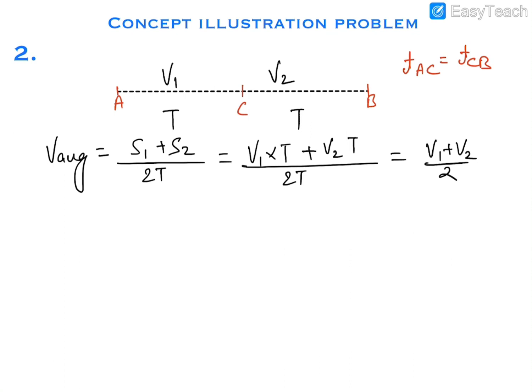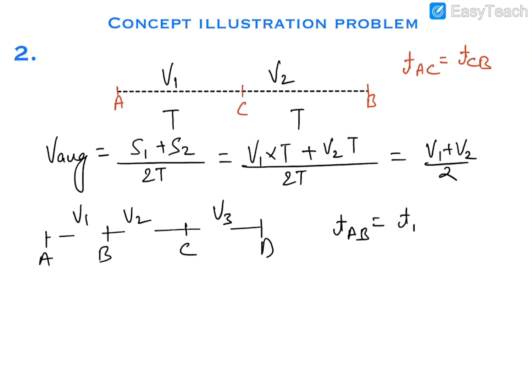You can also generalize this result. If the time is divided into 3 equal parts, which means that if this is A, B, C and D, and the time taken by the body to move from A to B is the same as the time taken from B to C, and the same as the time taken from C to D, which means we have divided time into 3 equal parts, and the speed of that body for the first 1/3 time is v1, for the second 1/3 time is v2, and for the remaining 1/3 time it is v3.